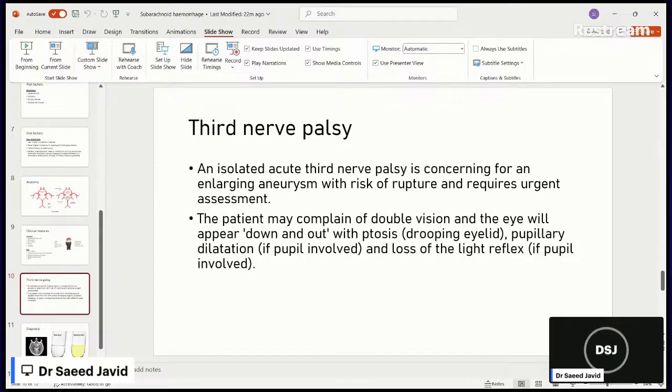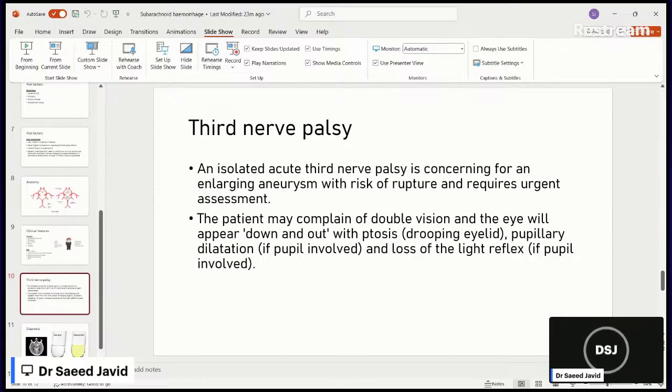So if you have a large compressive lesion, particularly an aneurysm, compressing your third nerve, it's going to compress the fibers around your third nerve, leading to pupillary dilatation and loss of the light reflex. Why is that? Those parasympathetic fibers usually control pupillary constriction, and now you're pressing on them, so you can't have pupillary constriction and you get the opposite: a dilated pupil.